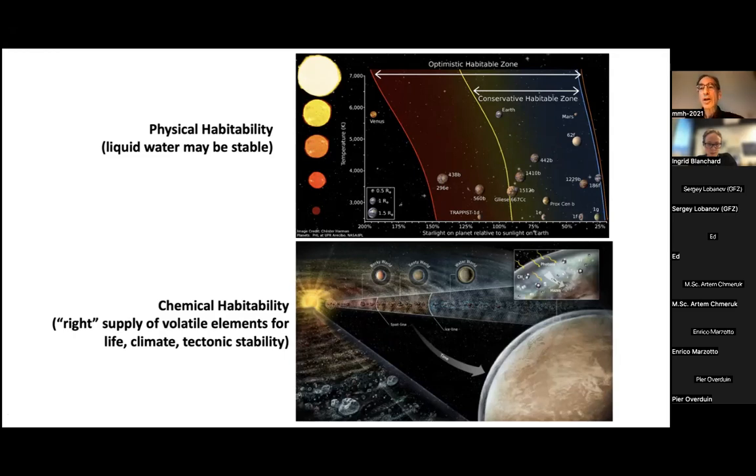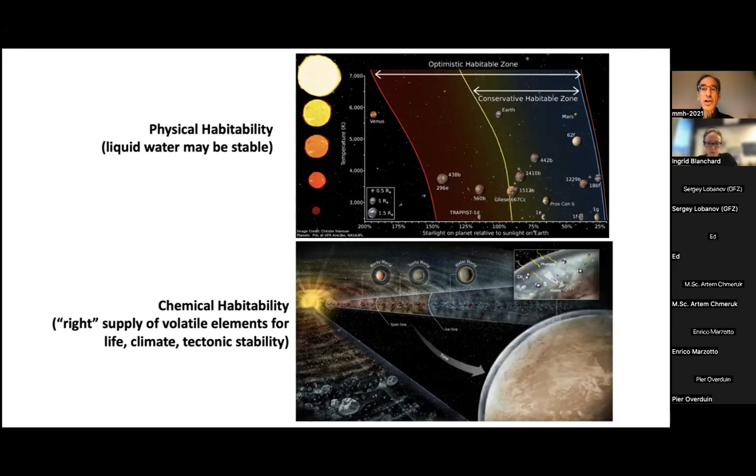And one of those criteria is that it has chemical habitability, which is, in the way I'm going to define it, the right supply of volatile elements. And the right supply means that obviously it's enough to support life, but also the right amount to support a stable climate, and then also the sufficient amount for the interior workings of the planet for some kind of tectonic stability.